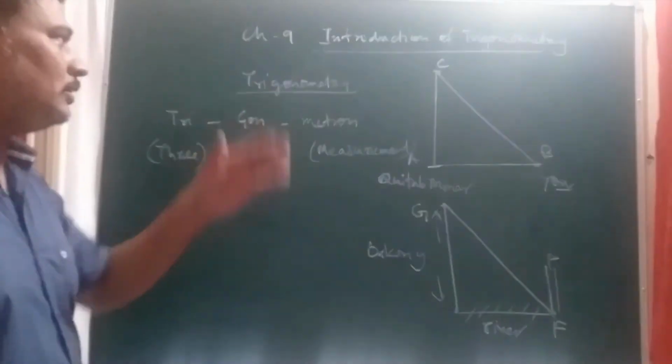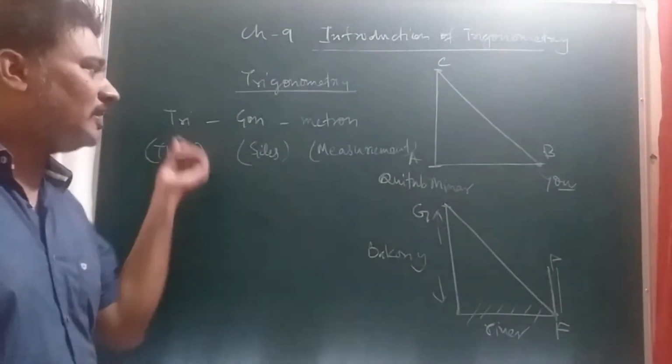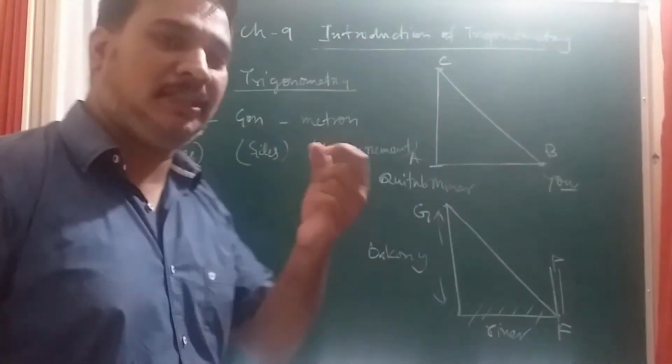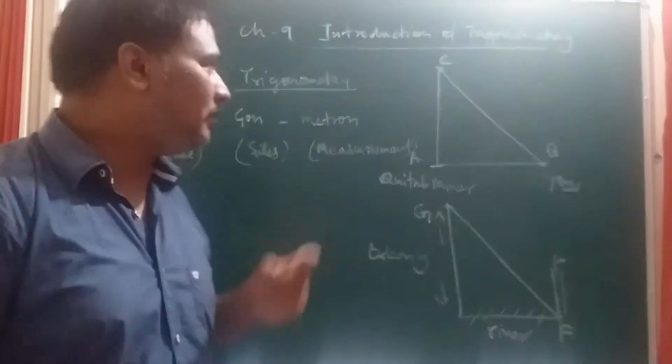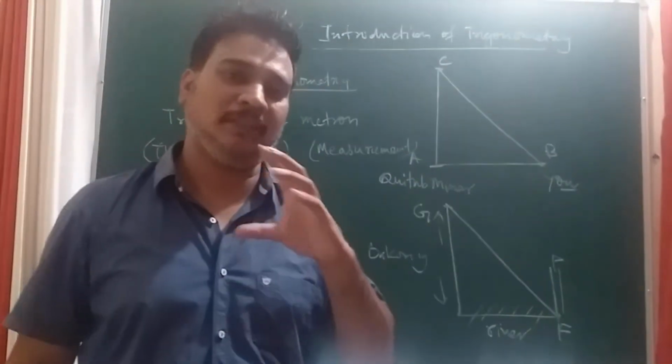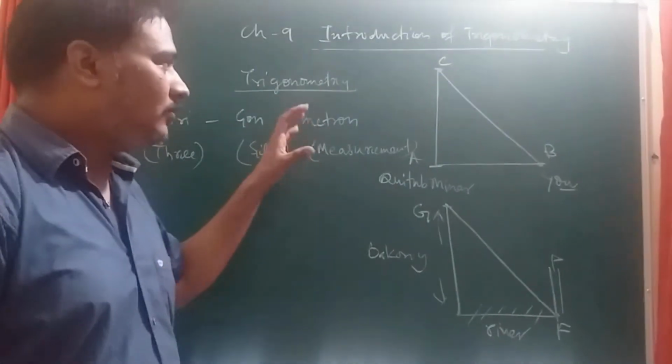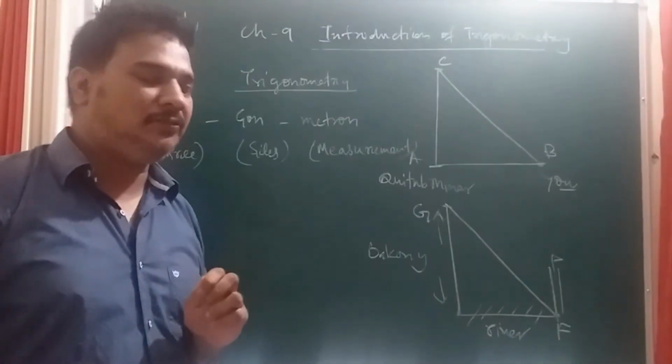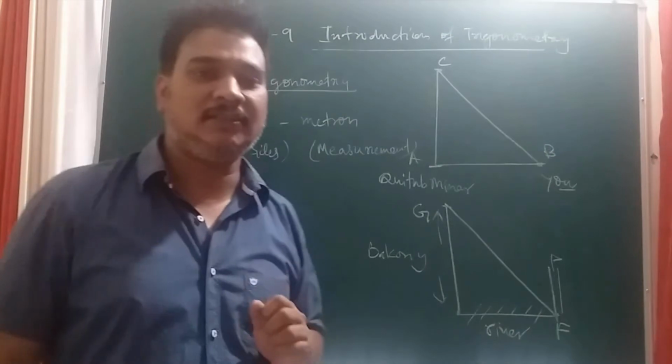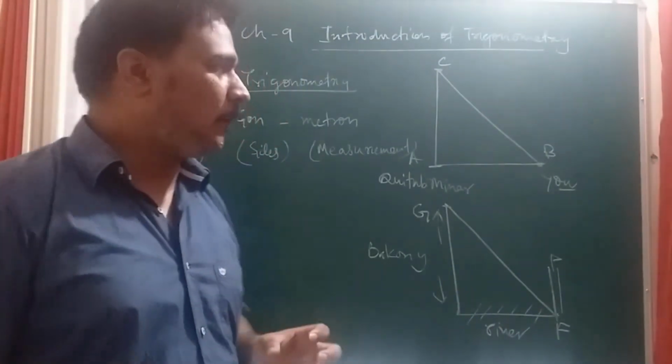So trigonometry means three sides measurement. Now in this chapter we will discuss 3 points.